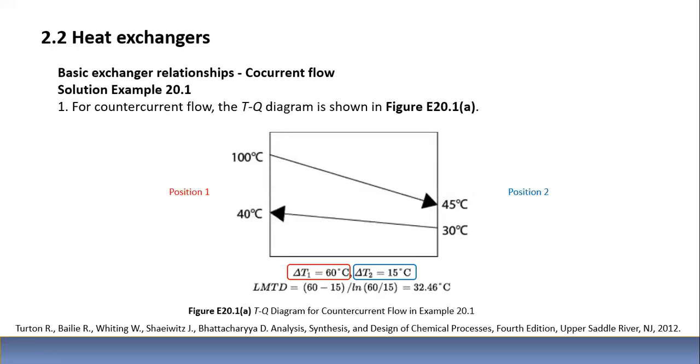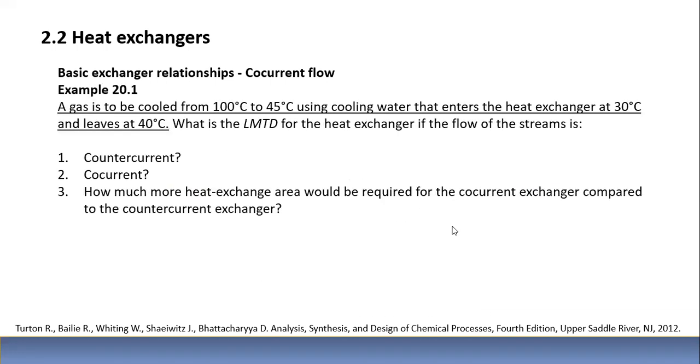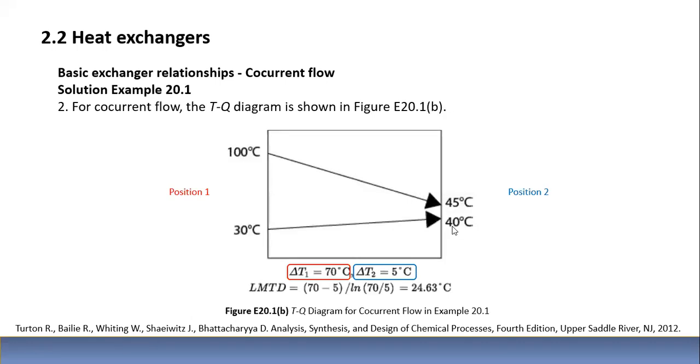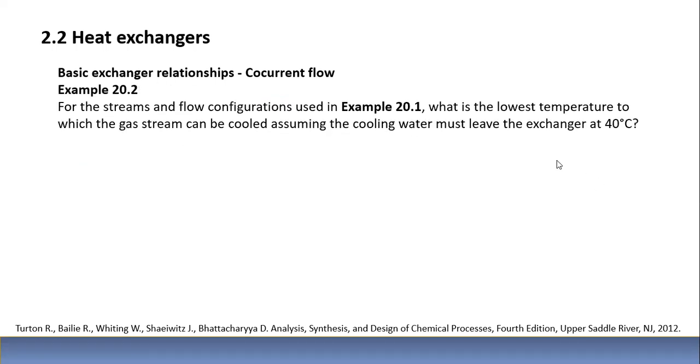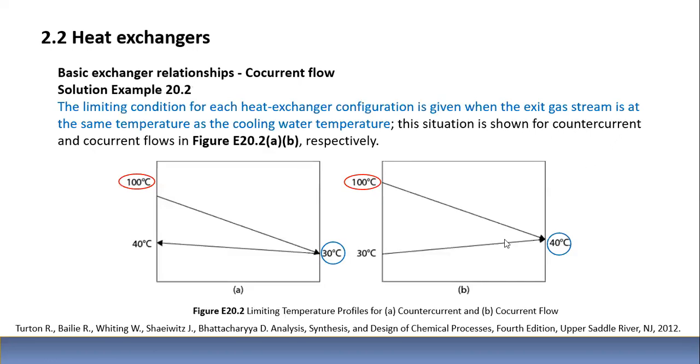So in this example, we have cooling water coming in at 30 and leaving at 40, correct? Concurrent operation, and the countercurrent operation is the same. Okay, very well. So it is telling us what will be the lowest temperature to which the gas stream can be cooled, assuming the cooling water has to leave at 40.